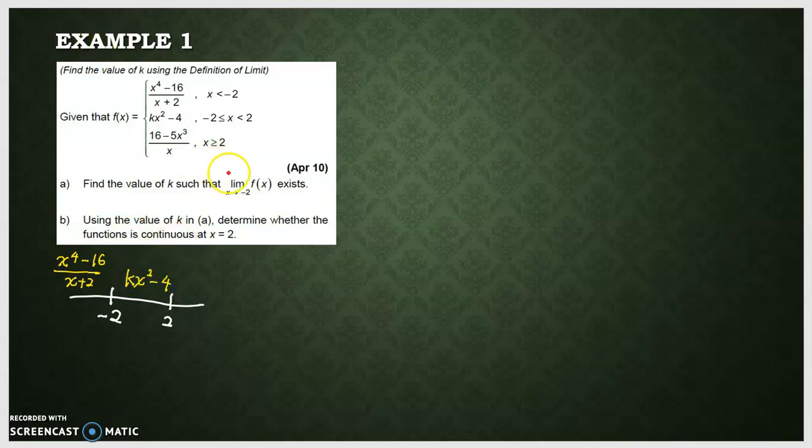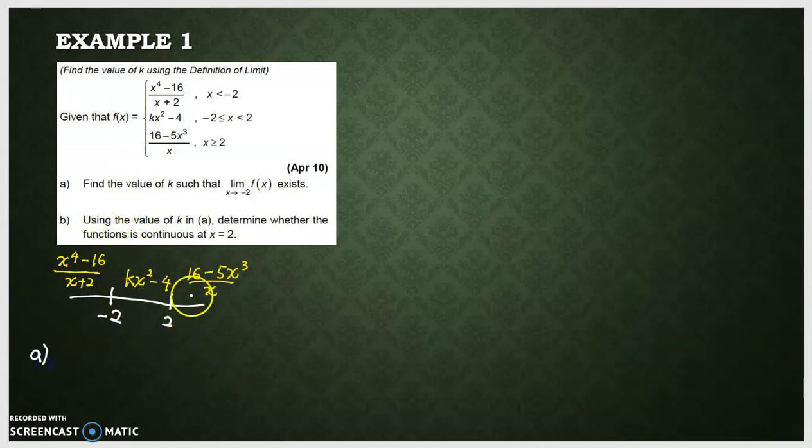So in the third interval, when x is greater or equals to 2, the function is 16 minus 5x cubed over x. So here is 16 minus 5x cubed over x.